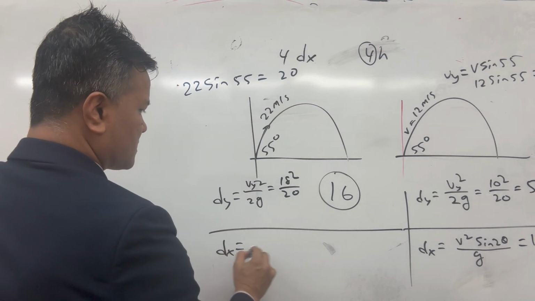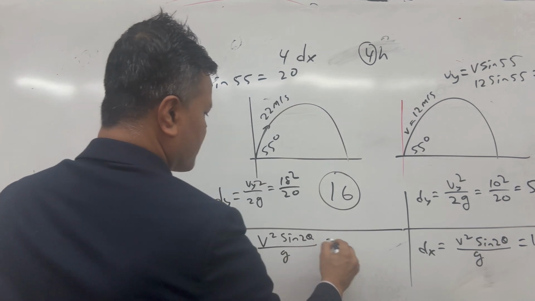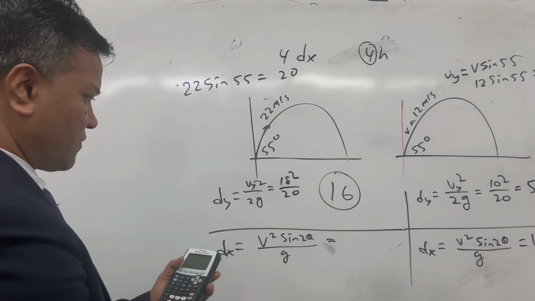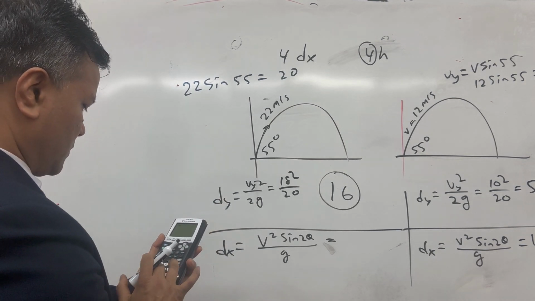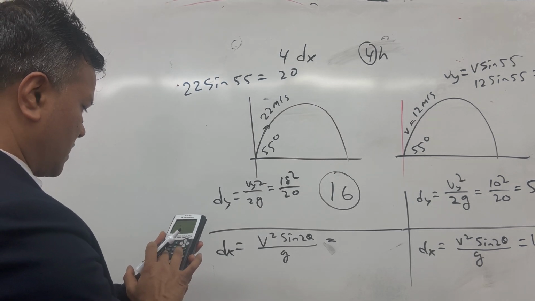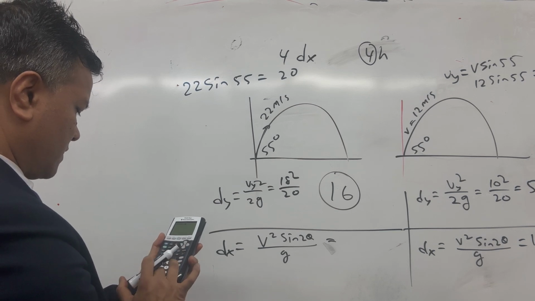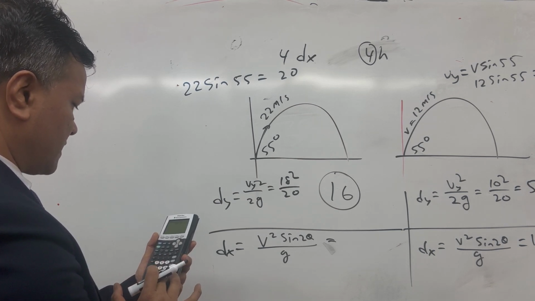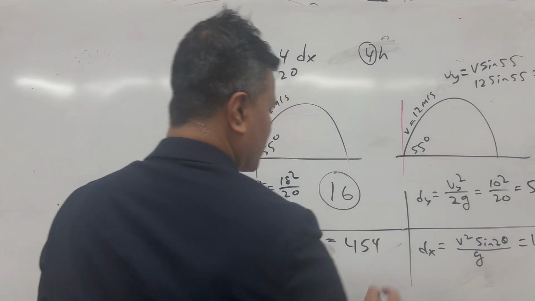This is dx is v squared sine 2 theta over g. So not 144, 22 squared is 484 sine 110, and that is 454.